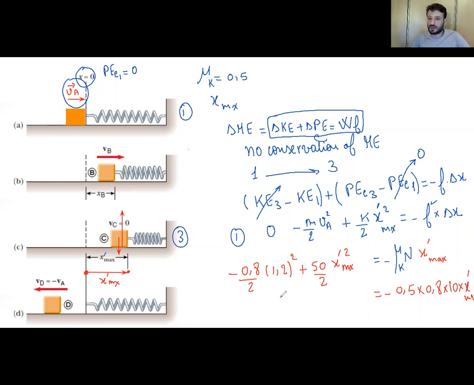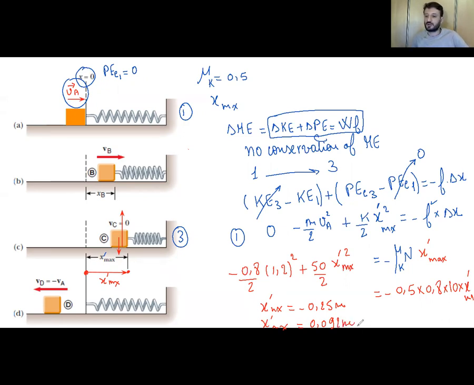You get two answers here. We have x prime maximum equals minus 0.25 m, and also x prime maximum equals 0.092 meter.